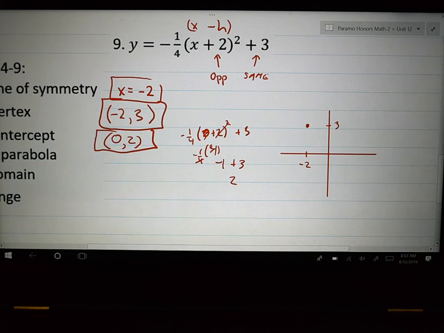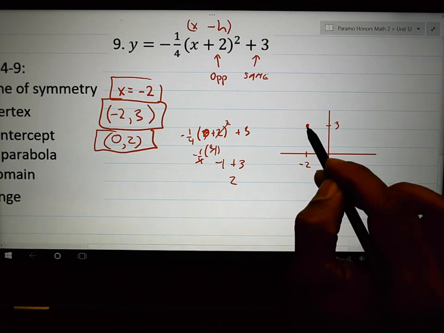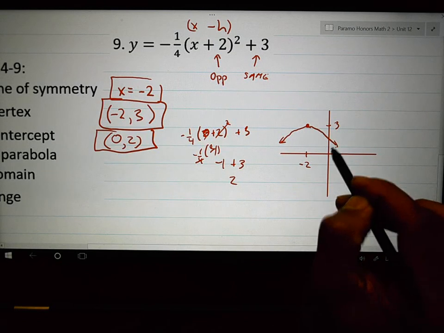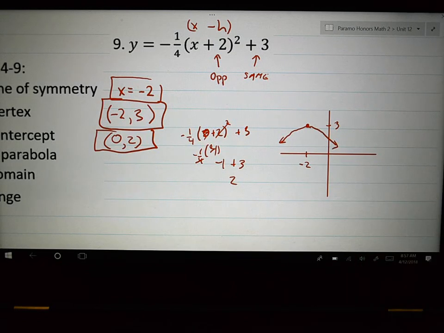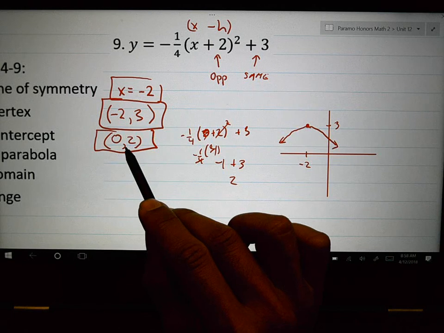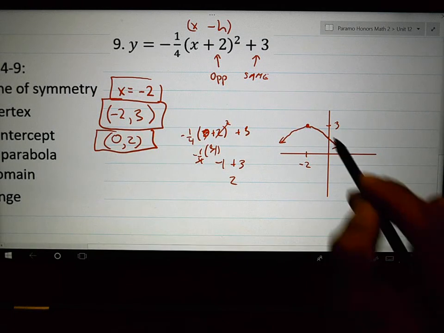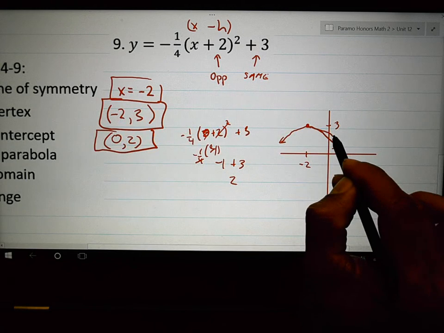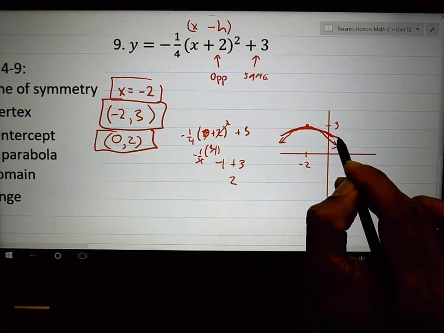There's my vertex. Does the parabola open upwards? Is it happy or is it sad? Is it wide or is it narrow? We're sketching the parabola. And this kind of makes sense because it's supposed to go through 0, 2. I'm pretty close to that in my sketch. I might need to make it a little wider because I think I should have went right about there for 2.